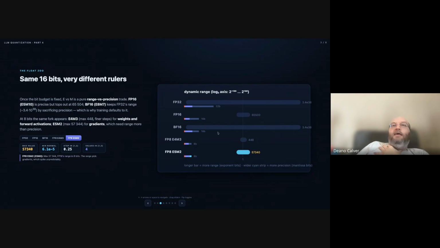So they took a 32-bit float and chopped the bottom 16 bits off, so you can have exactly the same range as your floating point 32. You can have all the numbers up to this huge value, but the actual ticks inside that are much smaller. And that's much more useful for weights and activations and general data.